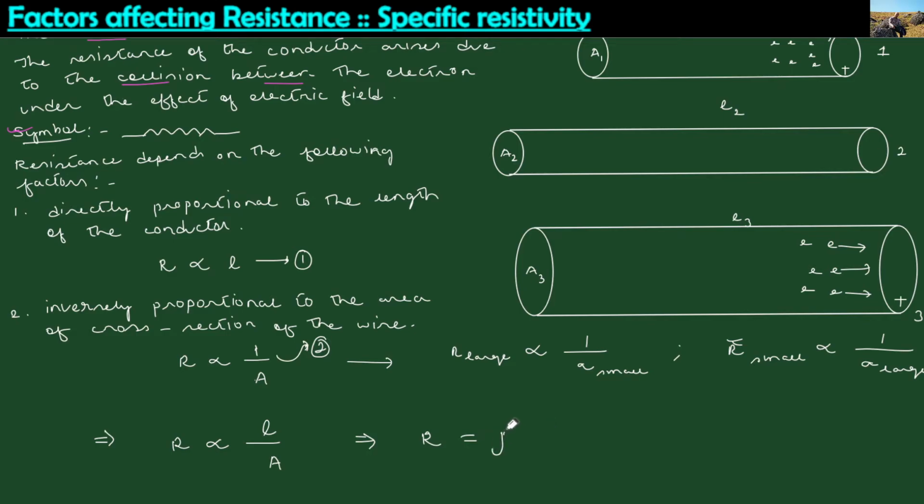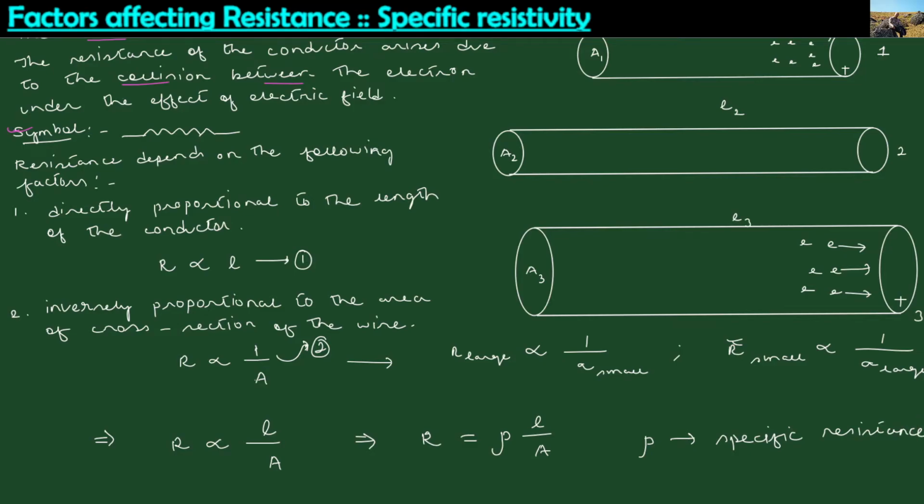This constant of proportionality is written as rho, and this rho is what we define as the specific resistivity, or specific resistance. Rho is the constant of proportionality known as the specific resistance.